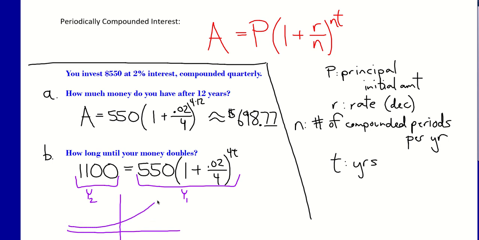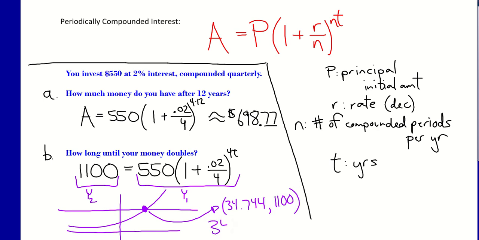So we would see the initial equation, and then we would see y equals 1,100, and finding that intersection point, let's go ahead and calculate it, they intersect at the point 34.744, 1,100. So that means how long until your money doubles would be approximately 34.744 years.